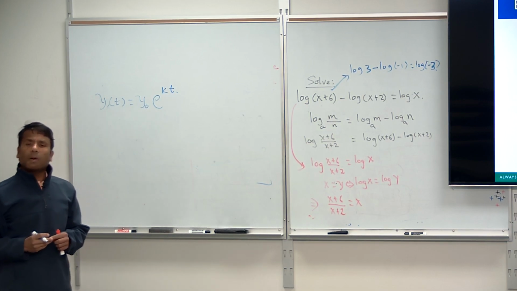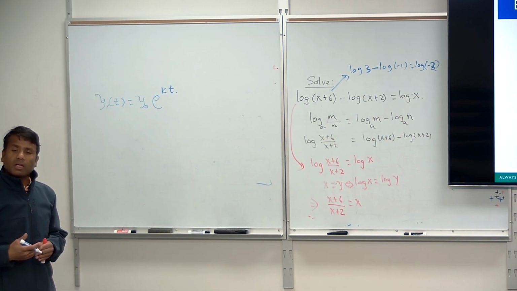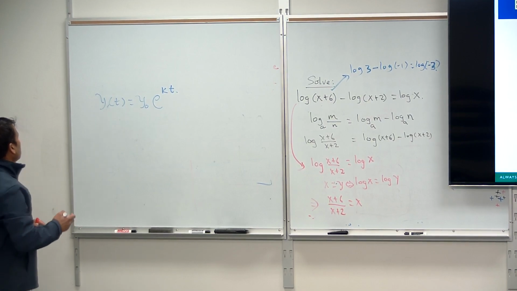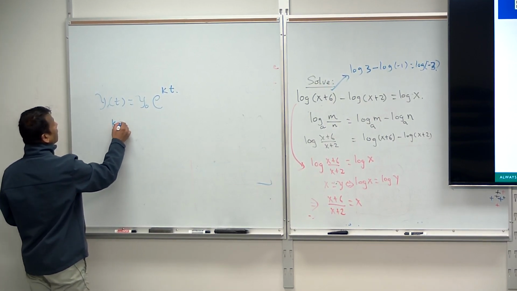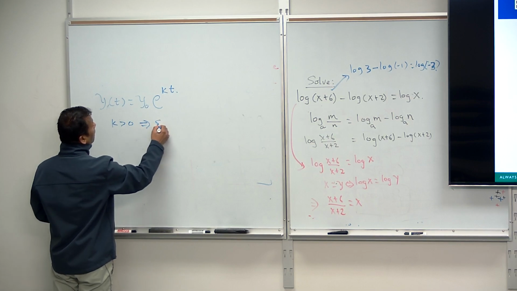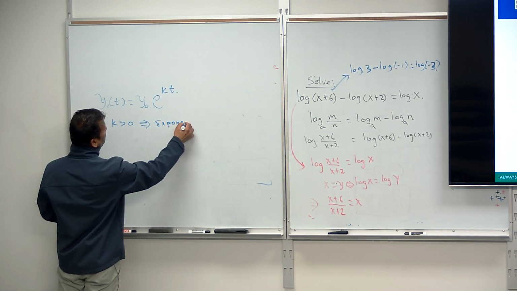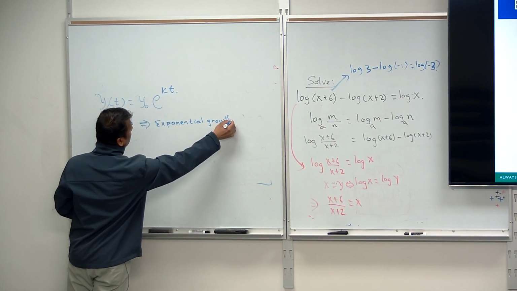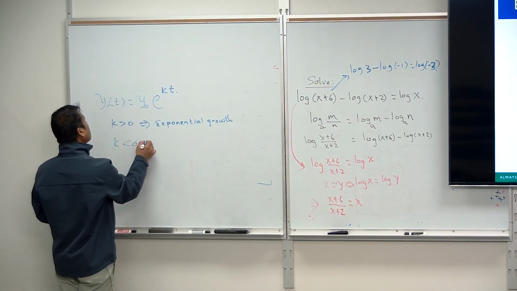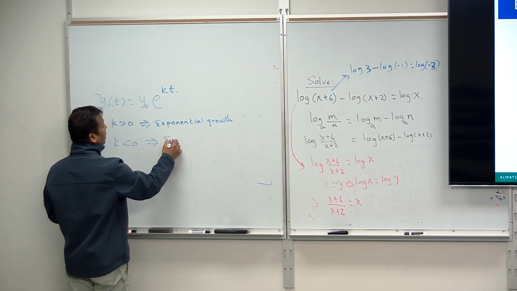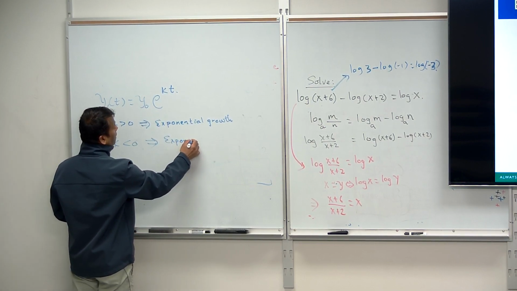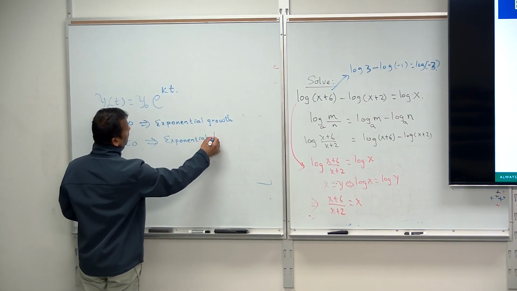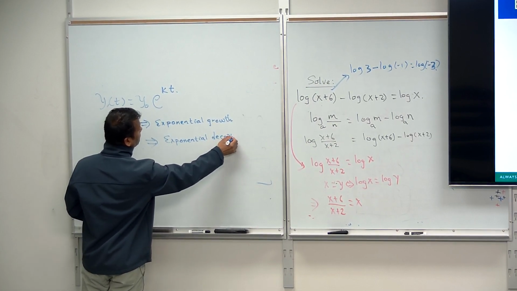If k is positive, it will be exponential growth. And if k is negative, that will be exponential decay.